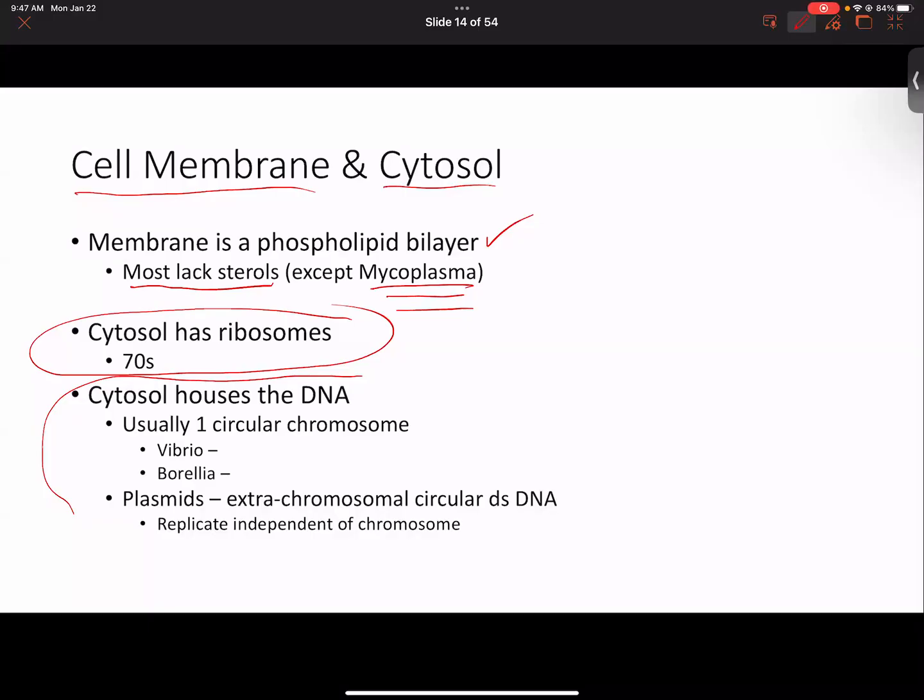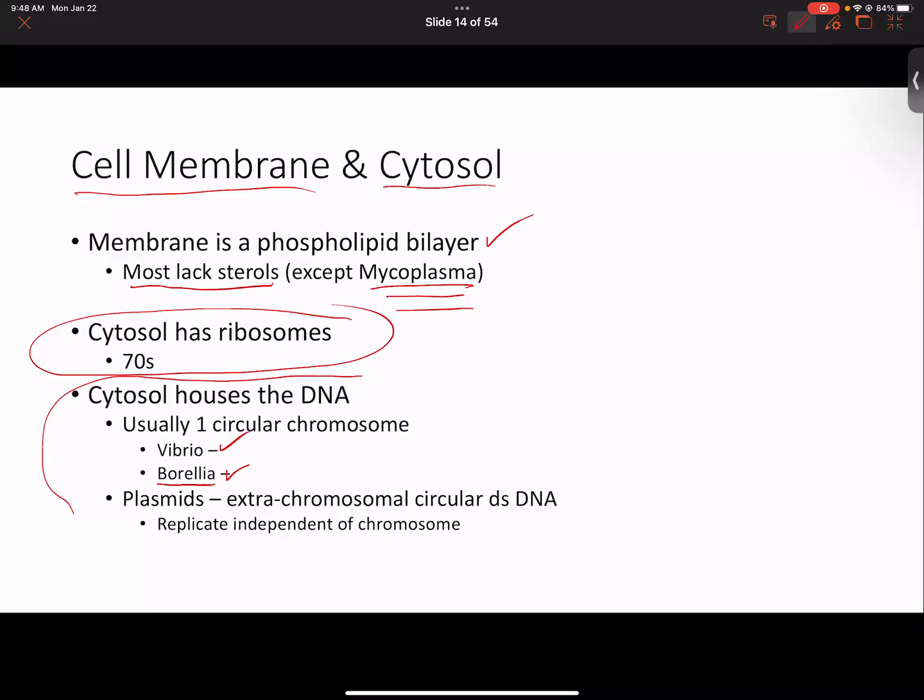I just think it's interesting, nothing more than that, but Vibrio and Borrelia kind of go against the grain of what's normal. Most bacteria have a circular chromosome, just one. Vibrio ends up having a large circular chromosome and a small circular chromosome. I don't know what the evolutionary advantage is there.